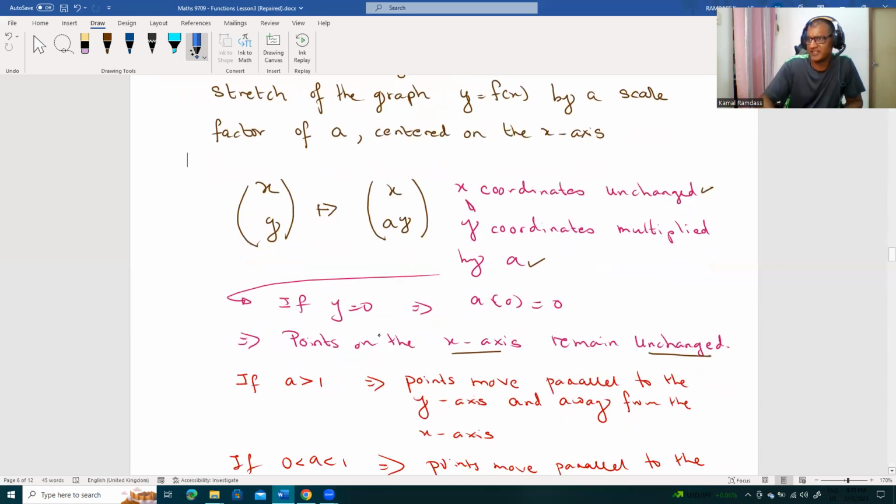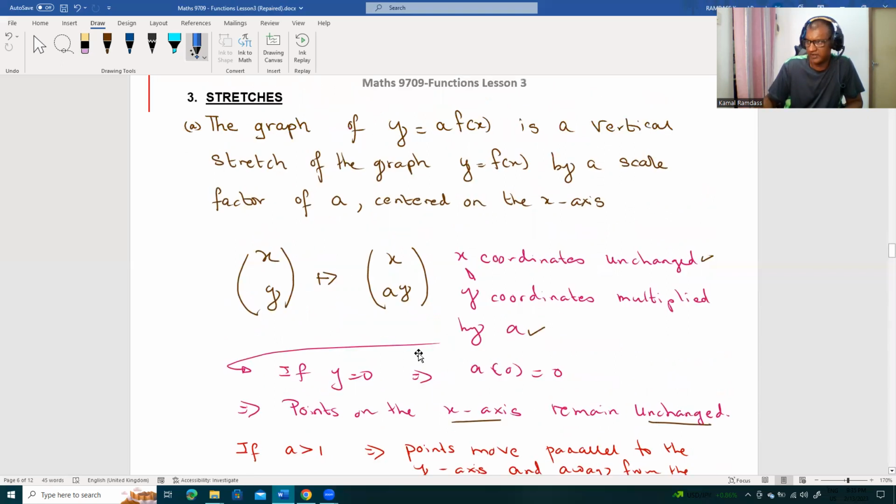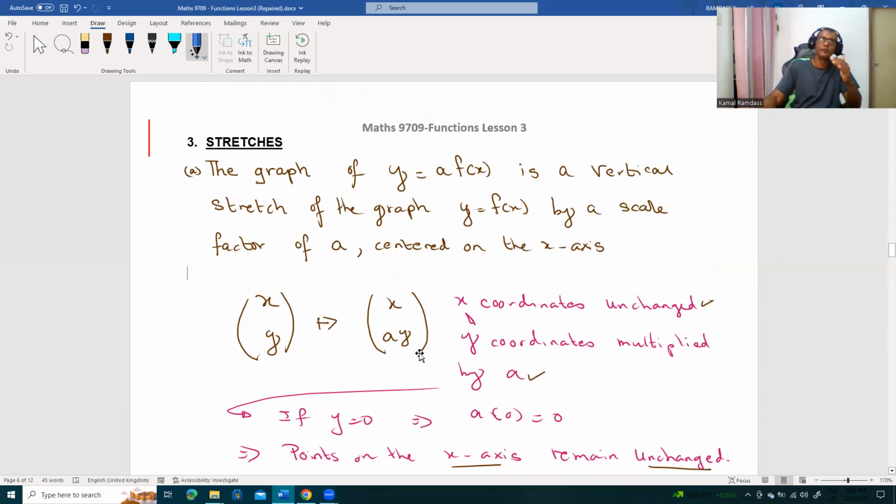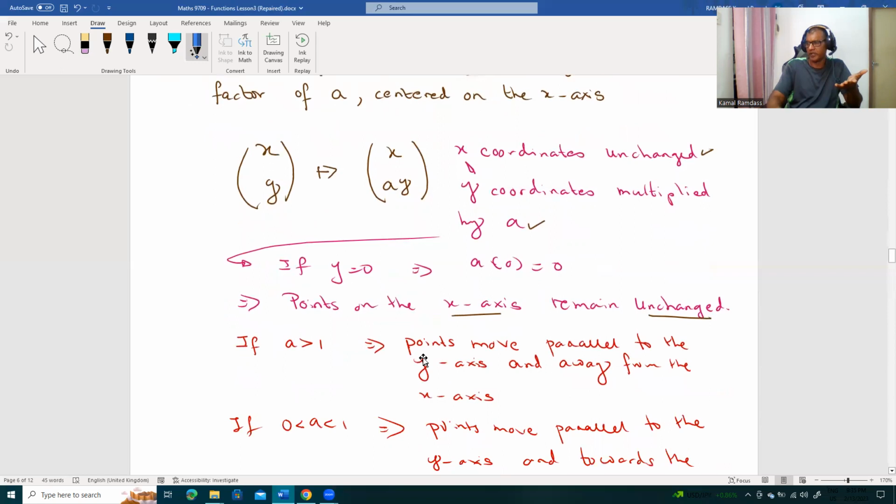Et si jamais y est 0, quand y est égal à 0, implying a times 0 will be equal to 0. The points on the x-axis will not be stretched. Okay? Points on the x-axis remain unchanged.